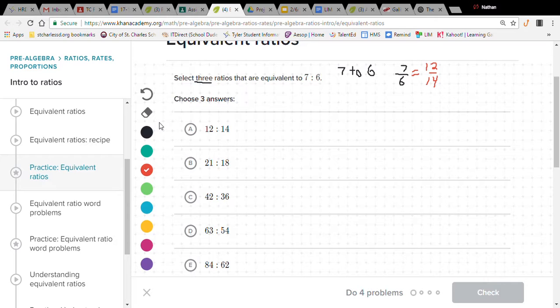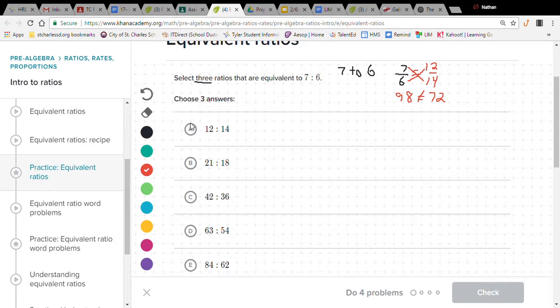So 7 times 14 is 98. 6 times 12, 6 times 10 is 60, plus 12 more is 72. So 6 times 12 is 72, and 98 is not equal to 72.